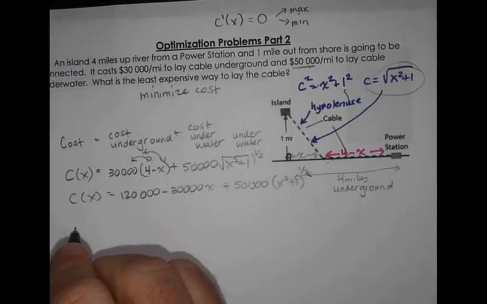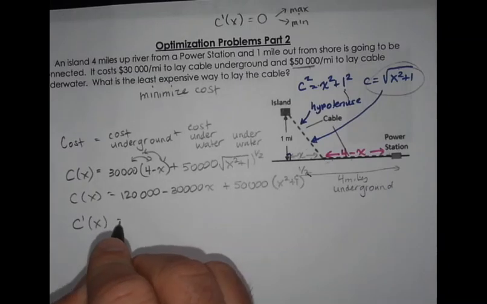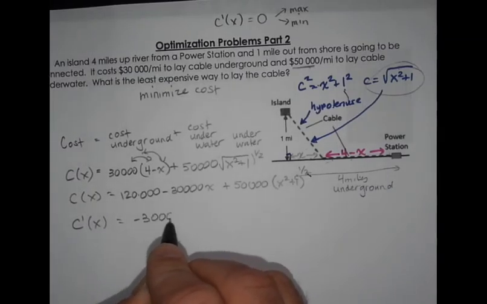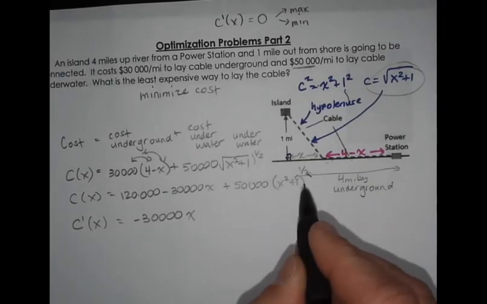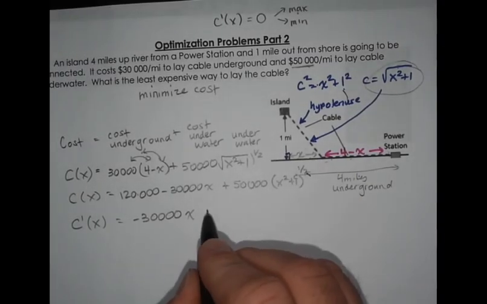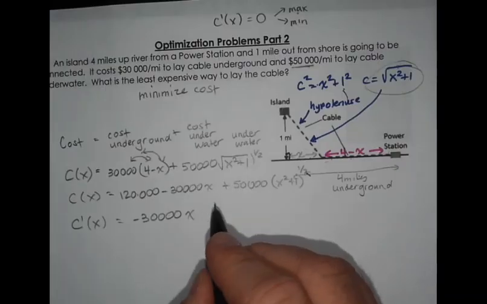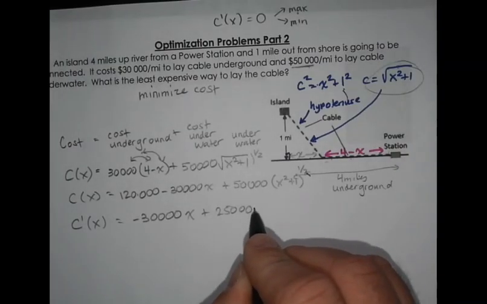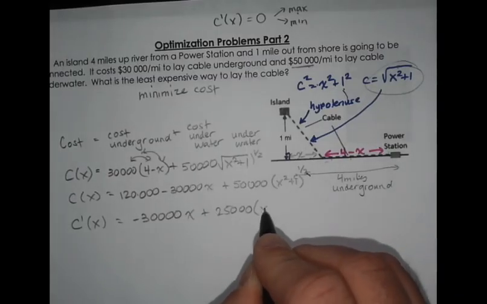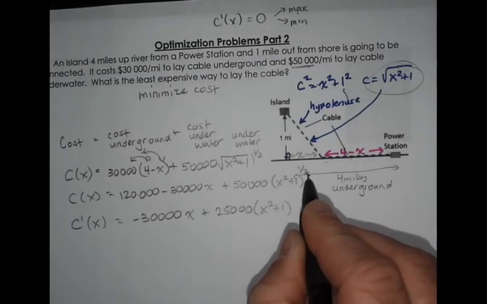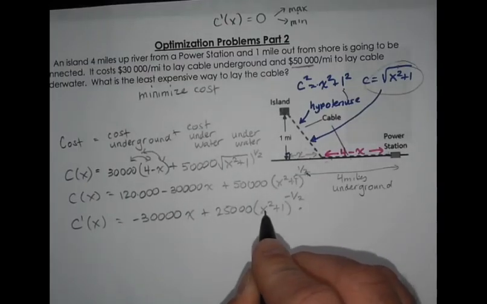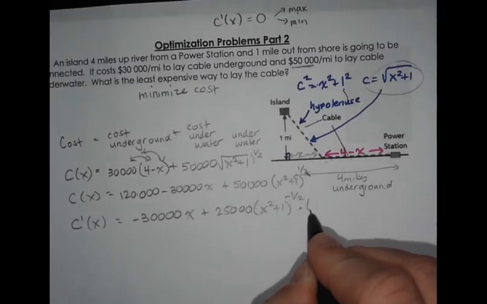Now we're going to do the derivative. The derivative of a constant is nothing, and the derivative of that is just negative 30,000. We bring the 1/2 out front, so that would be 25,000 times (x squared plus 1). The exponent reduces by 1, so that's a negative 1/2, times the derivative of the inside, which is 2x.